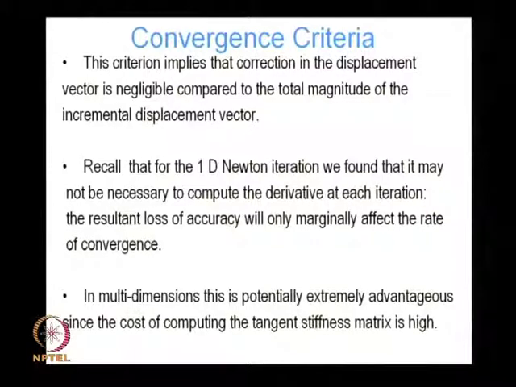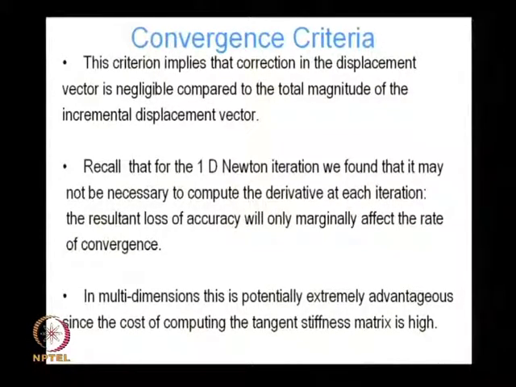Now, let us take another step back and recall that for 1D Newton iteration, we found that it may not be necessary to compute the derivative at each iteration. The resultant loss of accuracy will only marginally affect the rate of convergence.